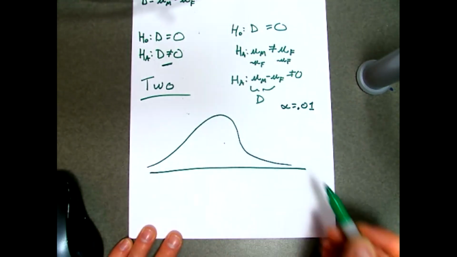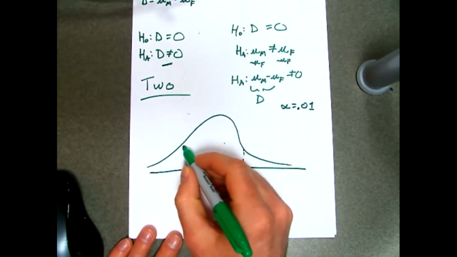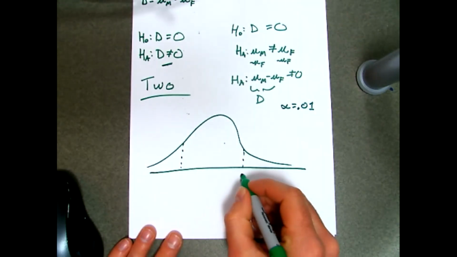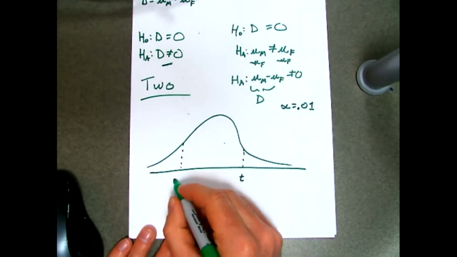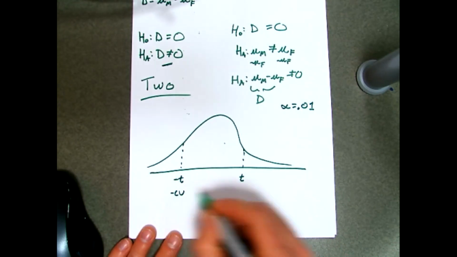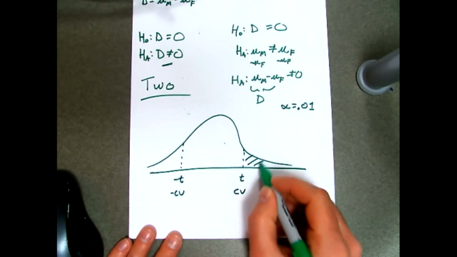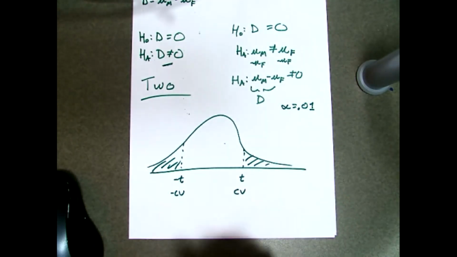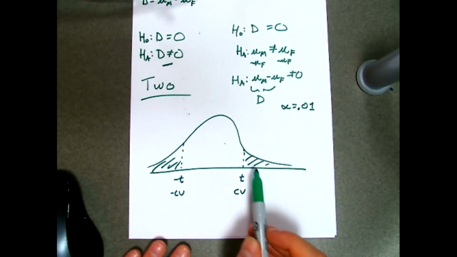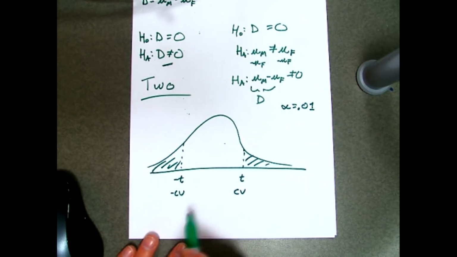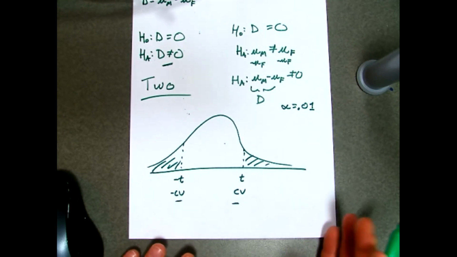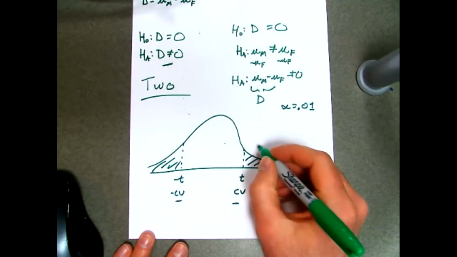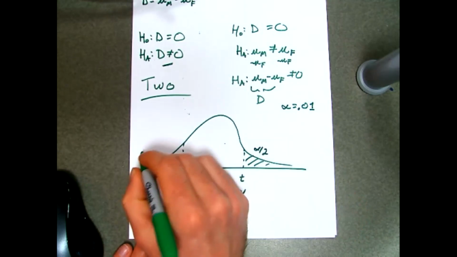So what I want is this t value, or my critical values, that give me alpha total in my tails. Well, for a two-tailed test, I'm going to have two tails, so I'm going to have a pair of critical values, and half of alpha is in each tail.